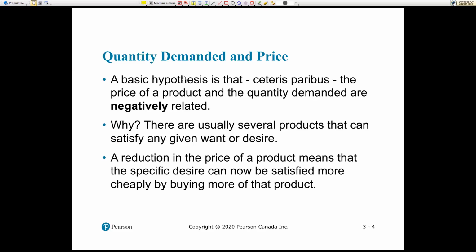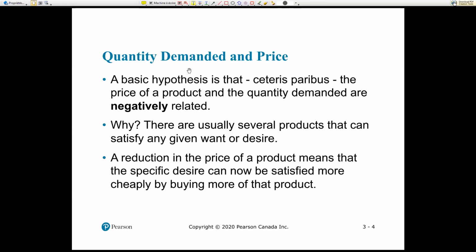Yeah, and the basic hypothesis of microeconomics is that when the price goes up, quantity demanded goes down, and when the price goes down, quantity demanded goes up. Why? Because we assume that people don't like to spend money because they want to use their money to buy other things.